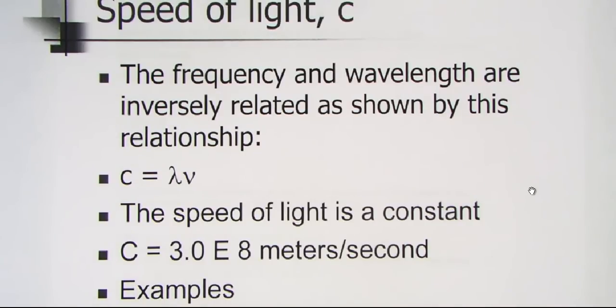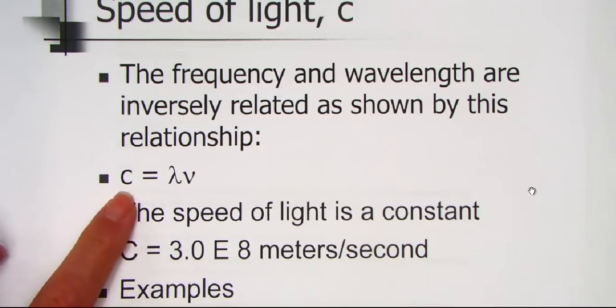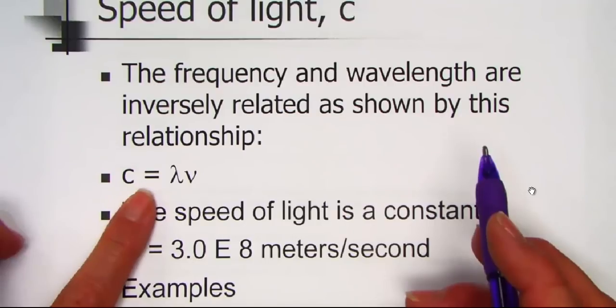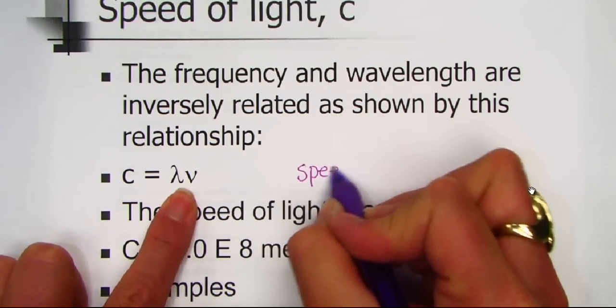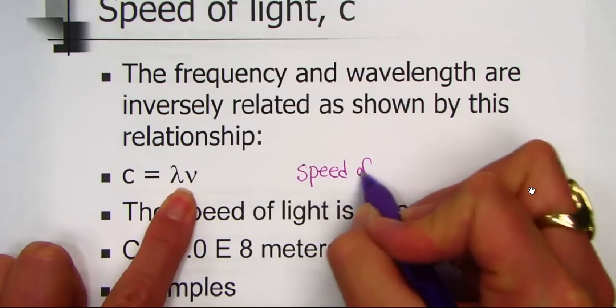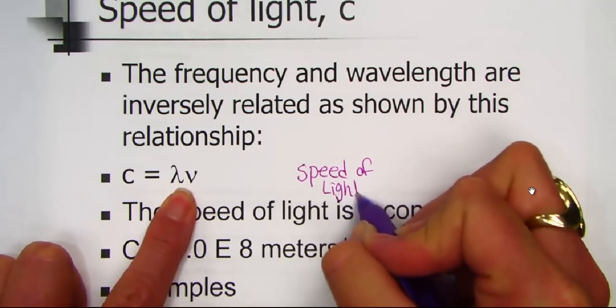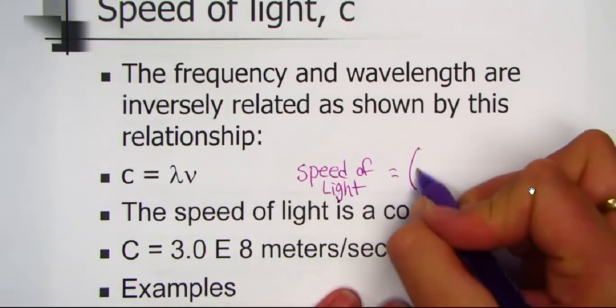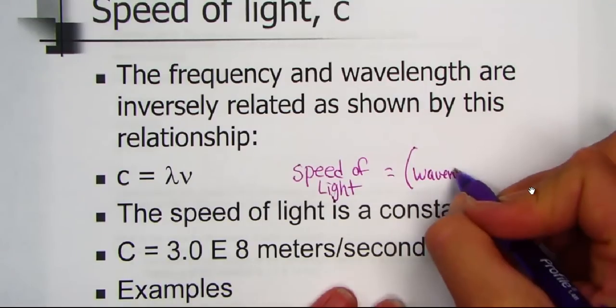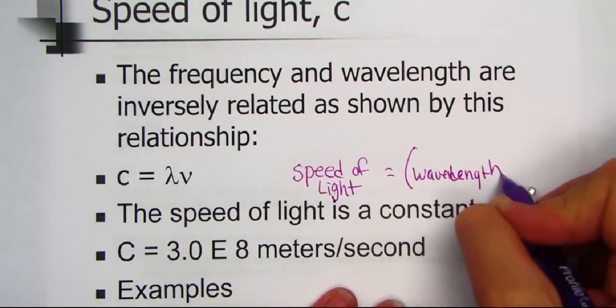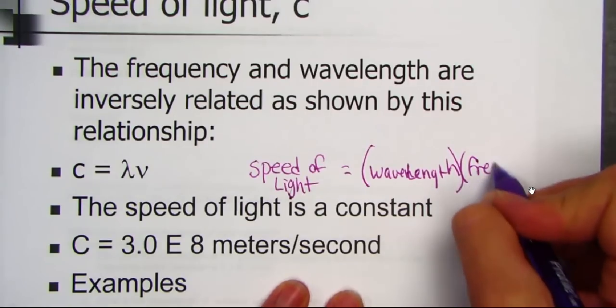The speed of light relates the inverse relationship between frequency and wavelength. The speed of light is given a constant c. c is equal to lambda nu. The speed of light is equal to the wavelength times the frequency.